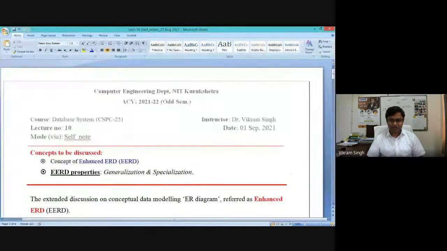Specialization will be required in the situation where we are trying to simplify a database entity in an ER diagram, simplifying one entity at a time. That's the theory.